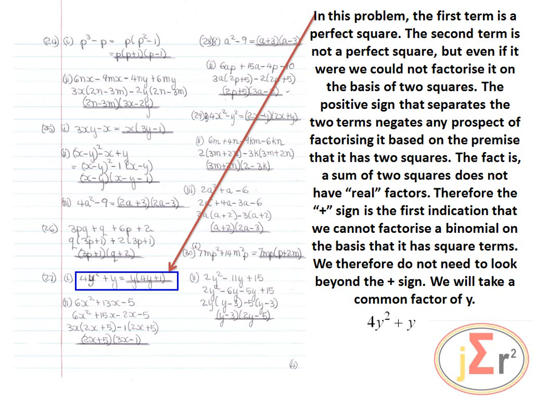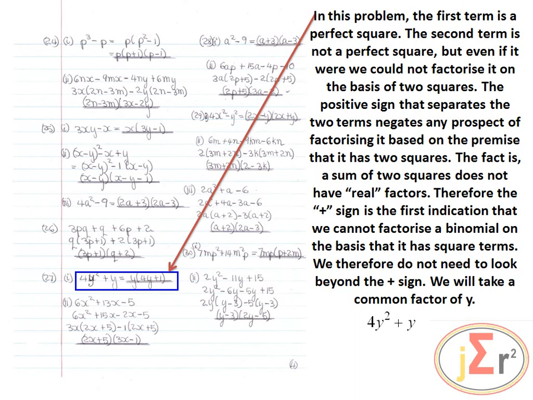the factors of a sum of squares is what we call complex numbers, and complex numbers have a portion that we define to be imaginary. So a sum of squares at this level, we will say that it cannot be factorized.